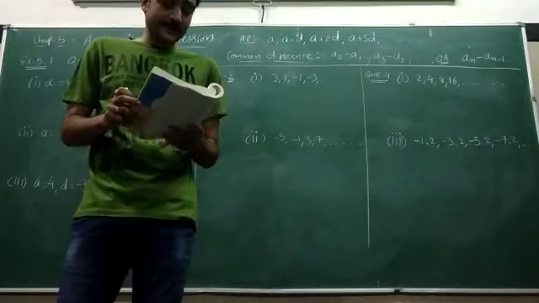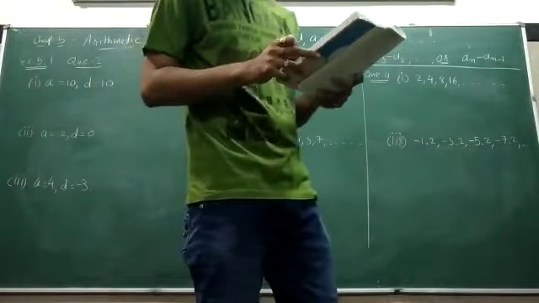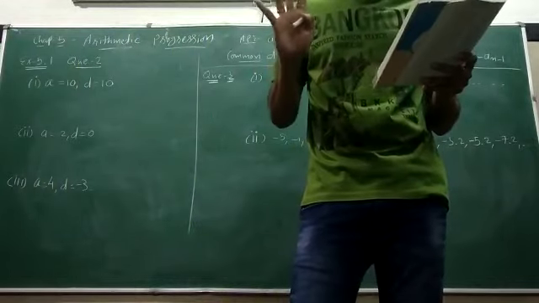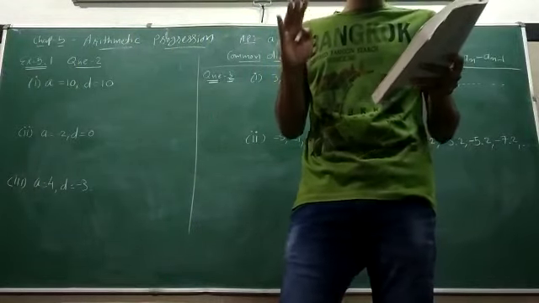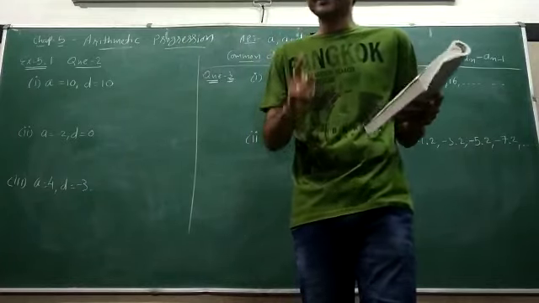Now let's see question number 2, which says: write the first four terms of an AP when the first term A and the common difference D are given.